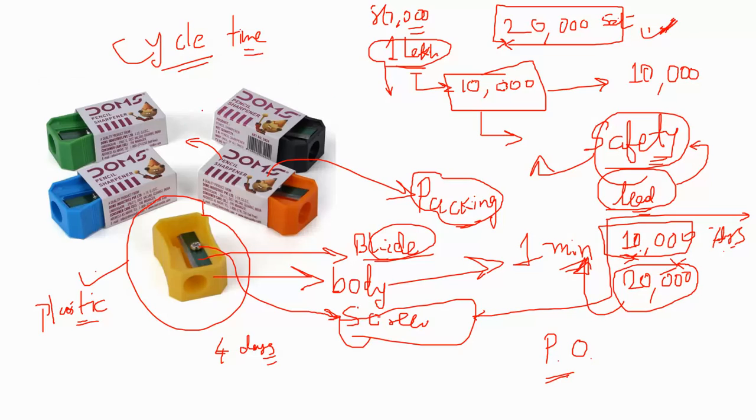And why are we doing this? Because the ultimate goal of modern industrial engineering is ultimate customer satisfaction. And customer satisfaction is not only the quality of the product. Take a sharpener, for example. The main function of a sharpener is to sharpen the pencil.